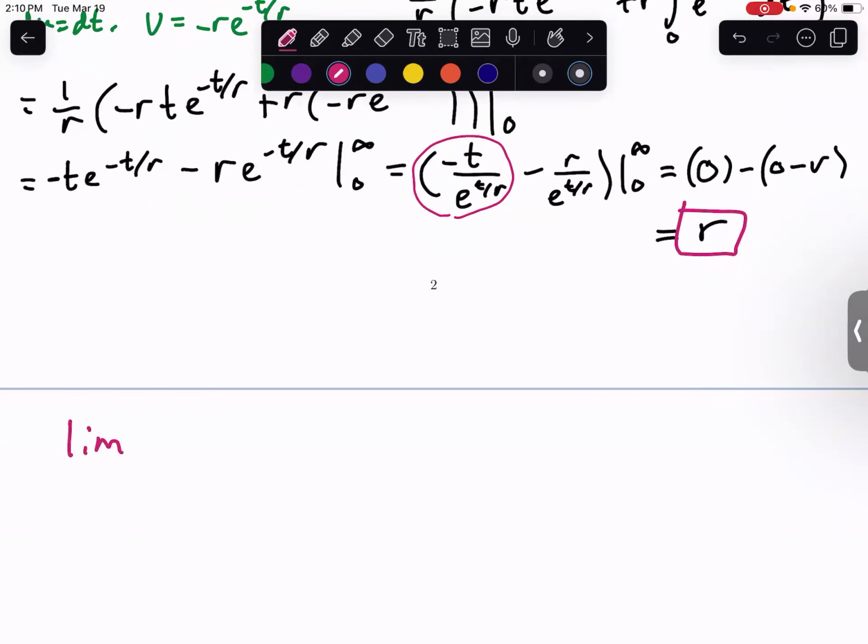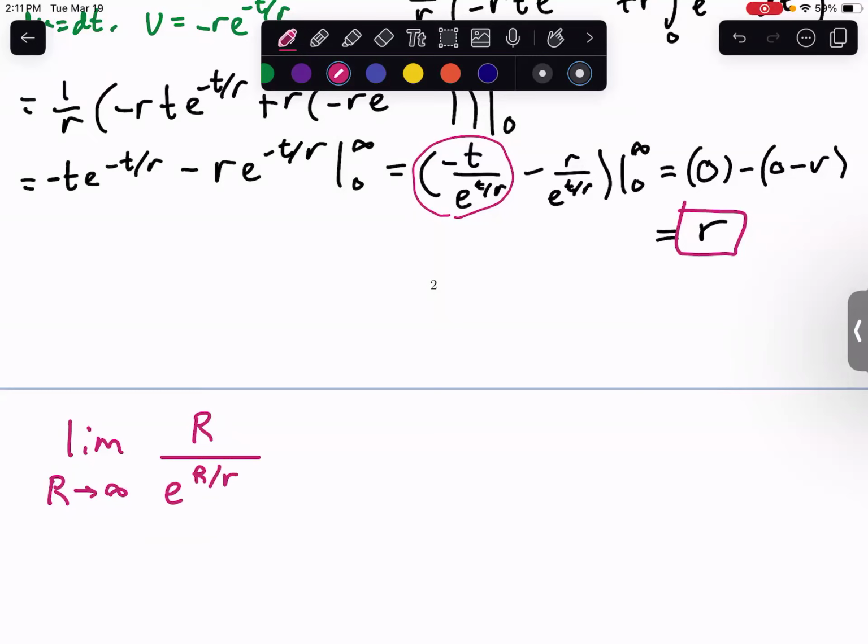This was the limit as r goes to infinity of minus r. I'm just going to write it as just r over e to the r over r.